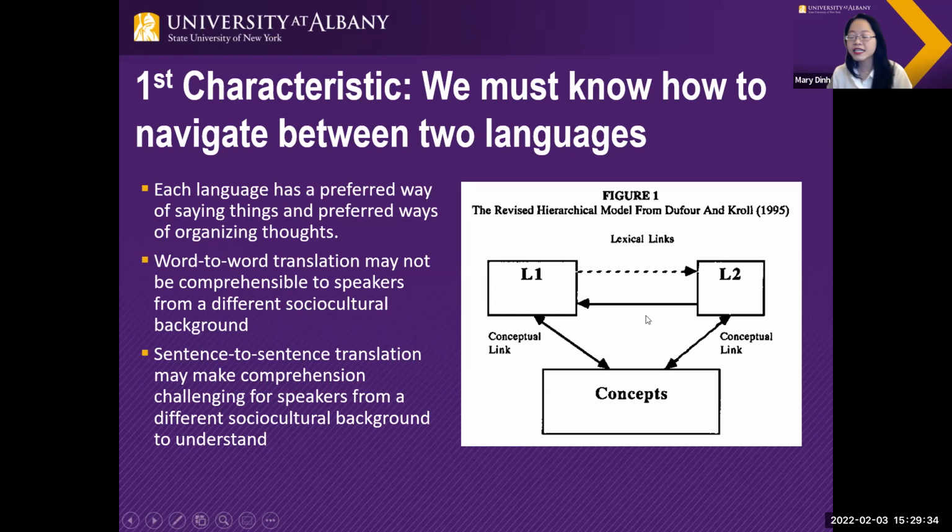Usually it's very easy to translate from our non-dominant, I mean our second language, back to our mother tongue because we have more experience with our mother tongue. So that's why you see very straight, direct arrows on this map, in this chart. But if we need to phrase our thought from our mother tongue to the second language, we are less confident. So that's why you see the dotted line here.